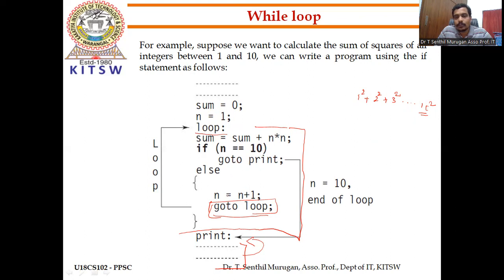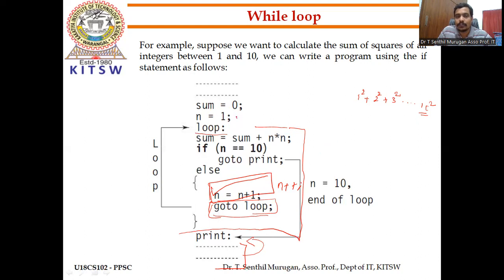Otherwise, what do we have to do? The n value will be incremented: n equal to n plus 1. We can also write n plus plus. After incrementing the n value, go to loop. Again it will add the square.